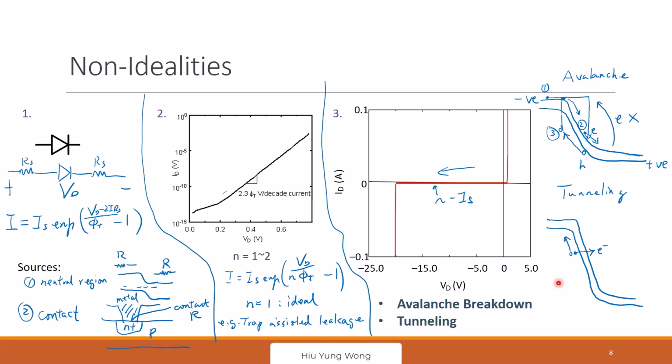If it doesn't tunnel, that will be a very, very rare event. You see what I mean? Yeah, so from a macroscopic view, you can always measure the current. That is a very good question, right? But for a particular electron, it might or it might not tunnel. You are right.